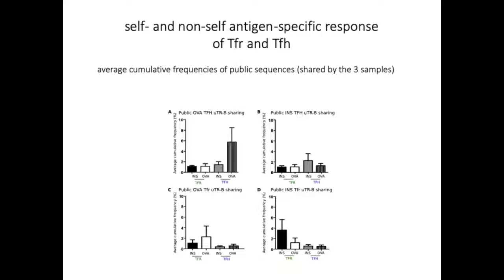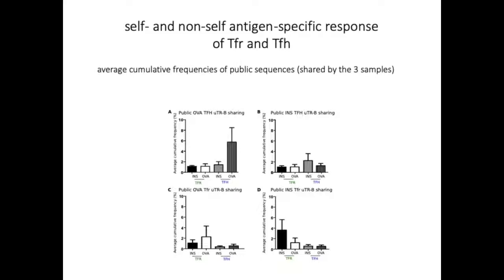When you do this, you see that the cumulative frequency of the public OVA uTRs from TFH is higher in the OVA samples from the TFH cells than in any other samples.